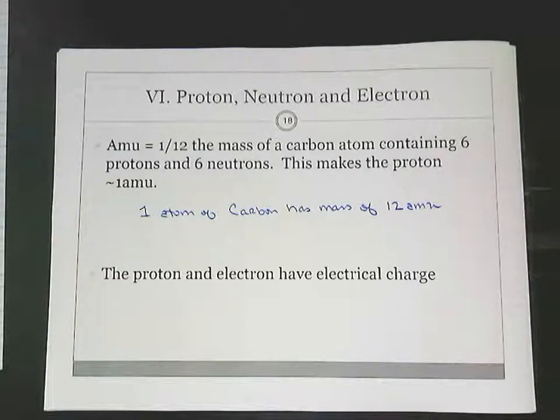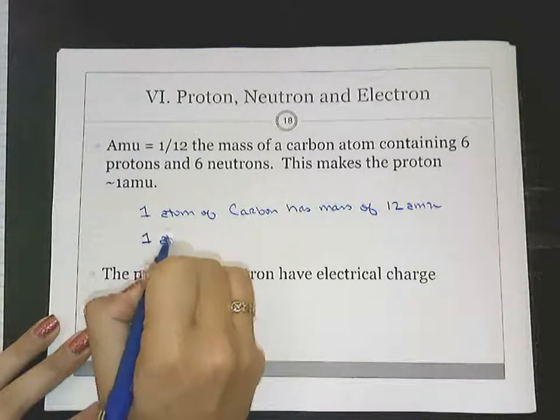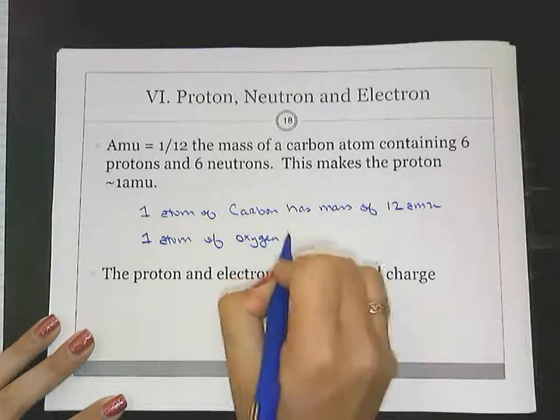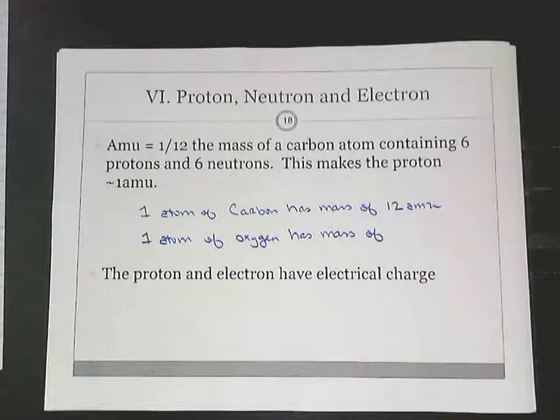If I look at, bless you, I'll go to oxygen, which is right over here. The oxygen, if I look down, it has a mass of, we're just going to call it 16 for simplicity's sake, 16 atomic mass units.